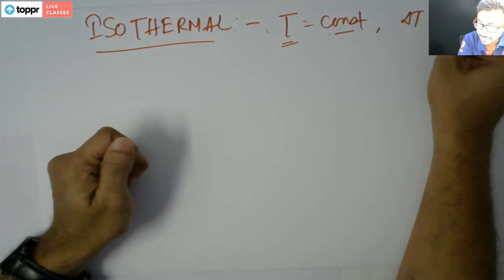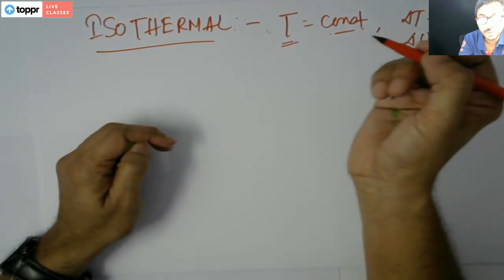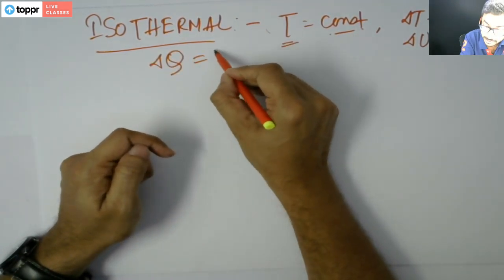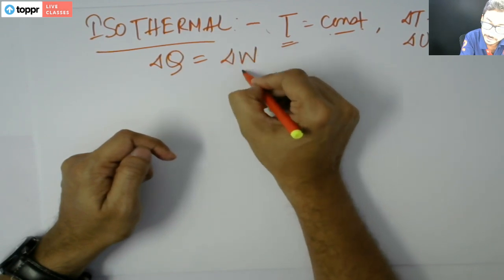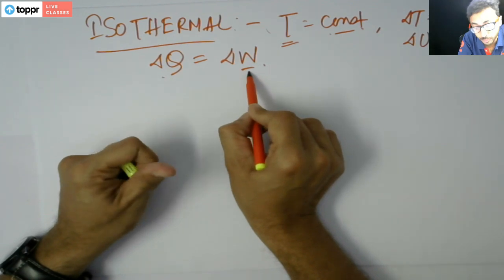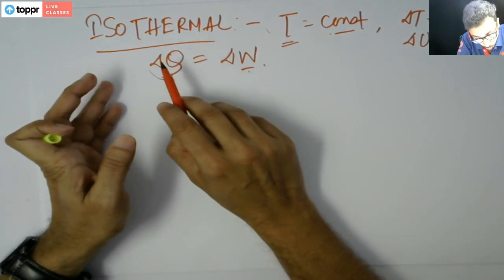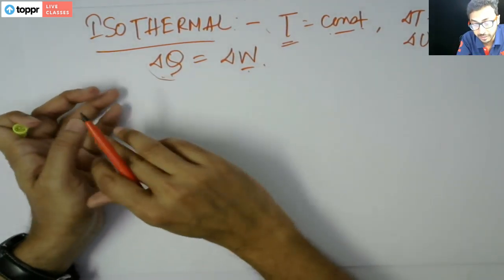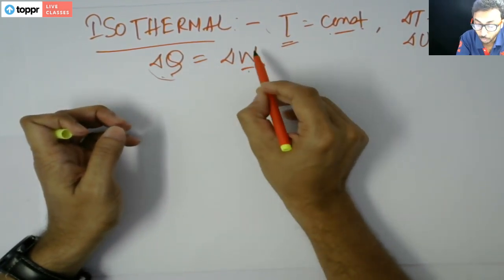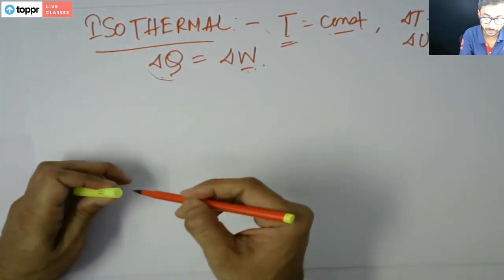So when there is no change in temperature, definitely del U will also be equal to 0. So del Q, since the del U portion is 0, will become totally del W. In an isothermal process, the whole heat will change into work done. Now, what is the value of the work done? Let us try to calculate.